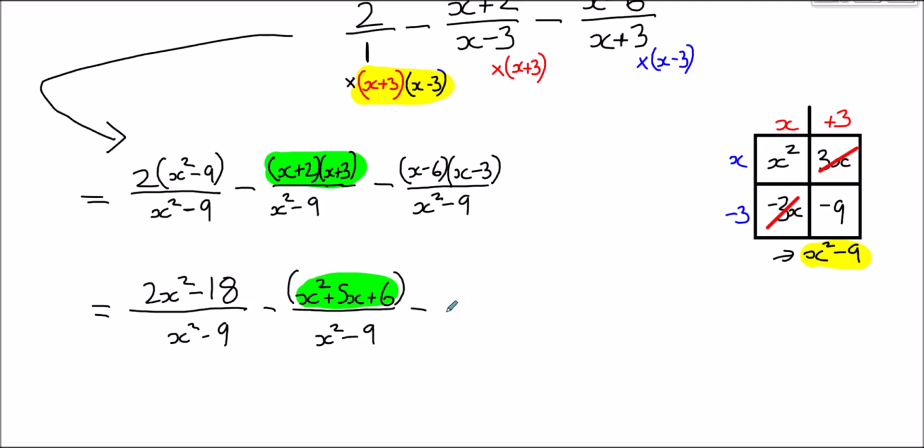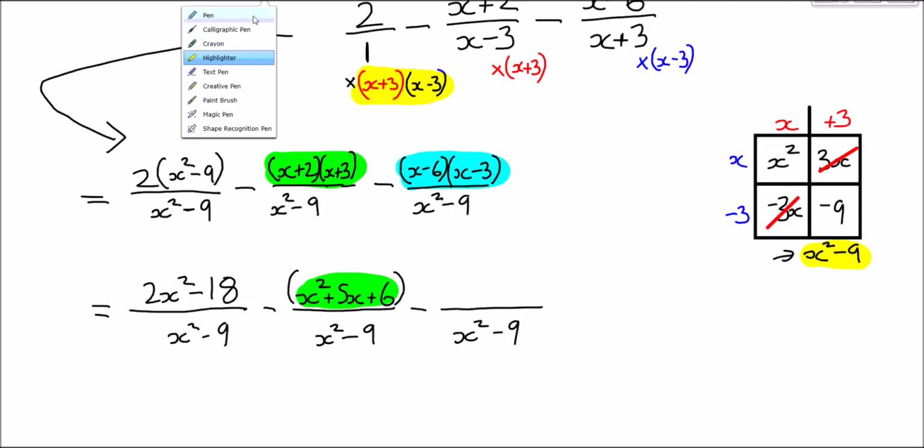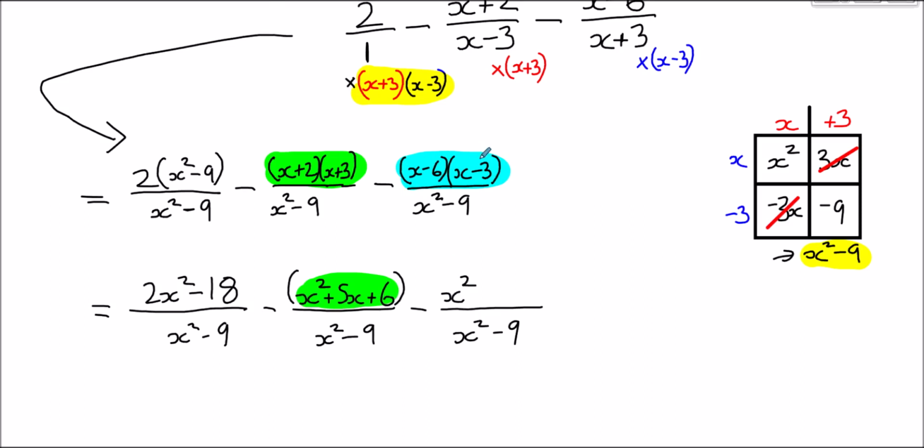And finally, the last fraction, again, is over x squared minus 9. If I were to expand this one out here, x minus 6 multiplied by x minus 3, that's going to give x squared, x times minus 3 is minus 3x, x times minus 6 is minus 6x, minus 3x minus another 6x is minus 9x.